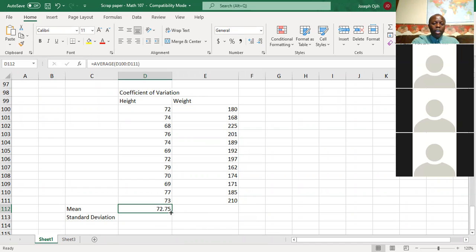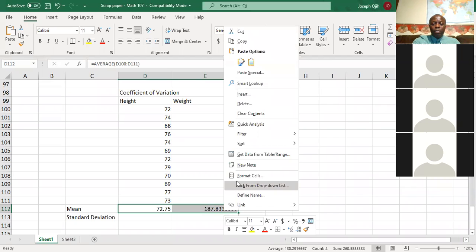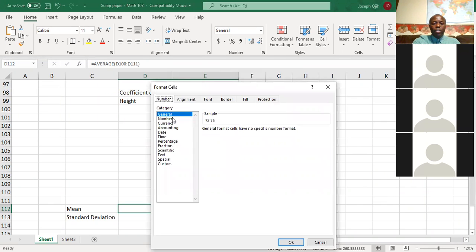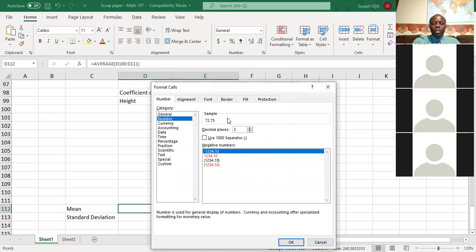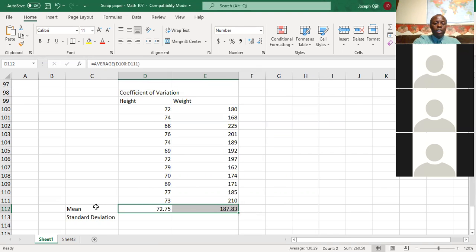Once it changes, click, hold, and drag. It will calculate the mean for this one. Then go to formatting cells, and there's number, and then you see decimal places is 2. If you like, you make it 1, then click OK. So this gives us the mean here.